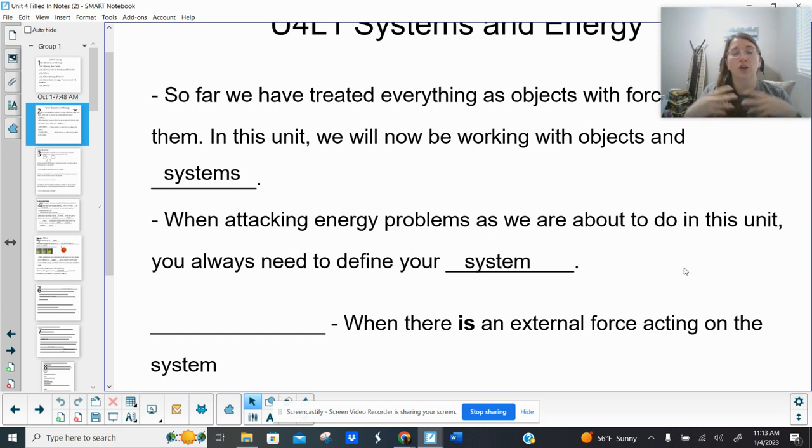The same thing is here. You could technically do these problems a bunch of different ways and define your system however you want to, but then the math you do has to follow that choice. There are easier choices. Sometimes it was easier to say up as positive, sometimes down as positive. Same thing here. Sometimes it'll be easier to choose your system a certain way.